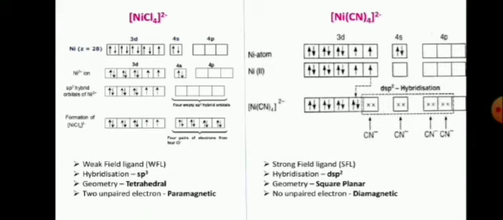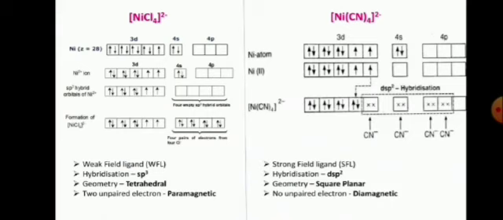While in NiCN4, as CN was a strong field ligand, the electrons got paired, the hybridization became dsp2, and the geometry now for NiCN4 is square planar. And hence, as there are no unpaired electrons left, it will be diamagnetic, that is, it will be repelled in the magnetic field.